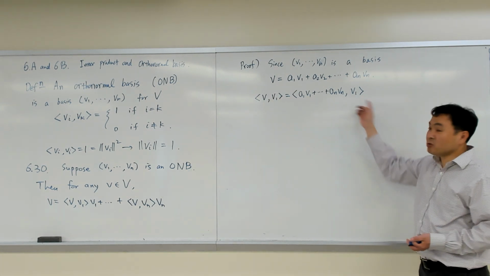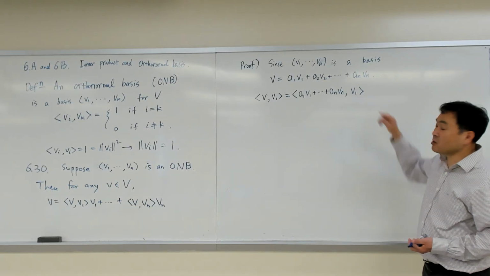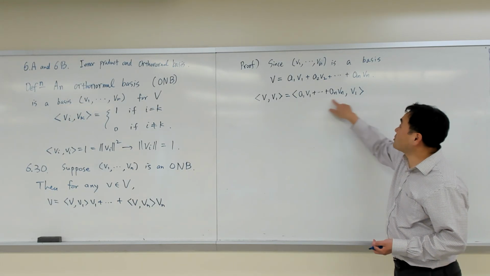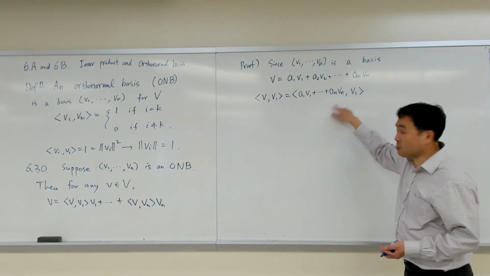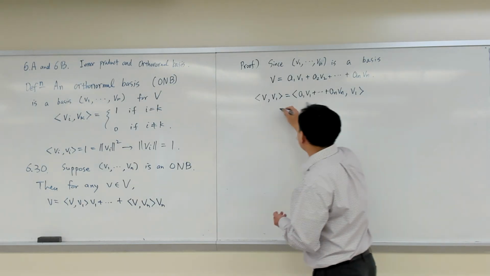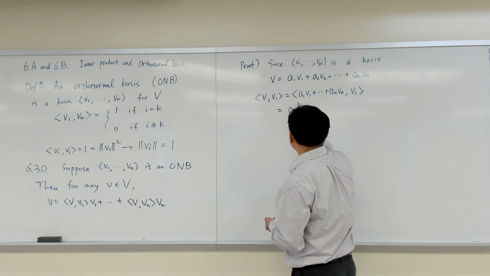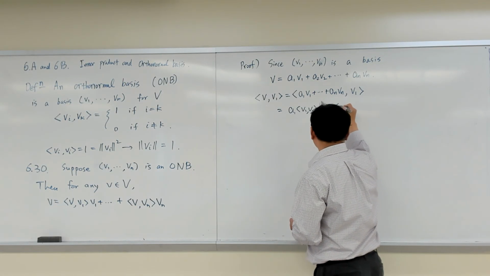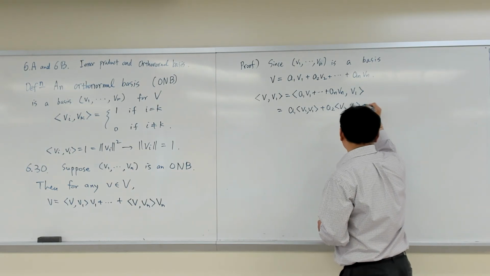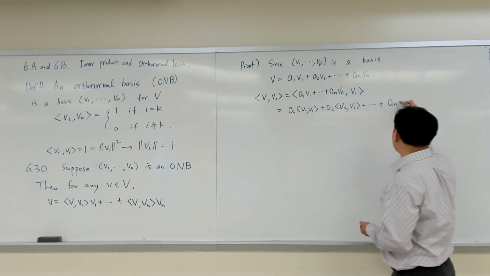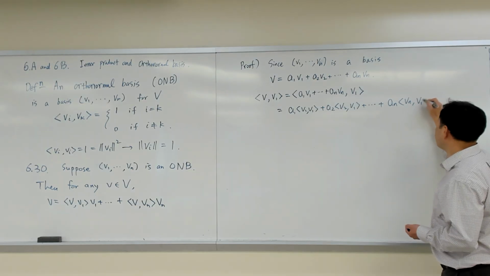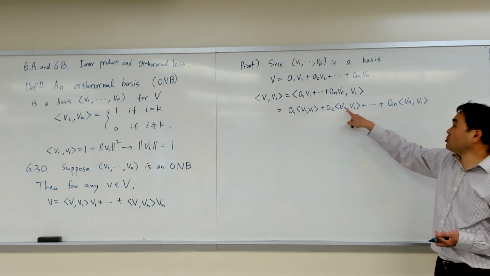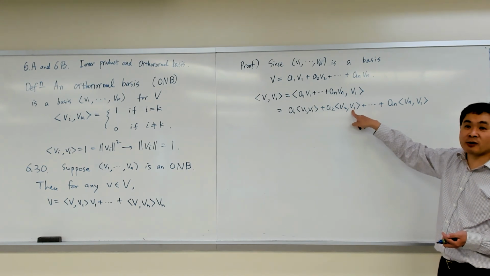And then we use the property that the inner product is sesquilinear. Sesquilinear means that it's linear in the first component, the first argument. So that's going to be the same as A1 inner product of V1 and V1, A2 inner product of V2 and V1, and so on, An inner product of Vn and V1. Okay. What is V2 inner product V1?